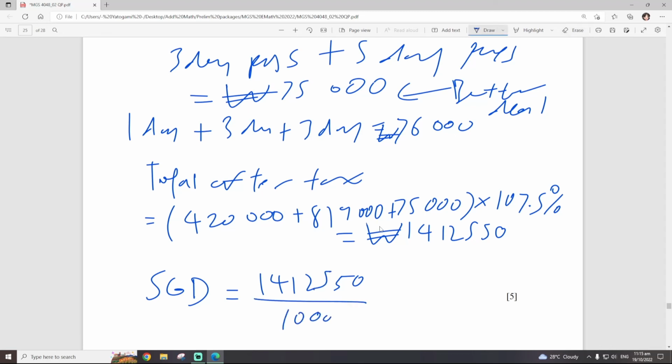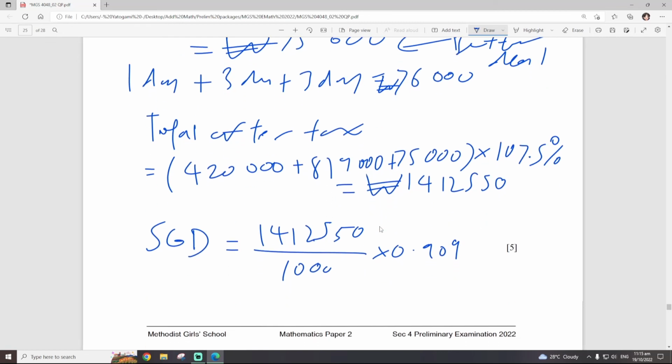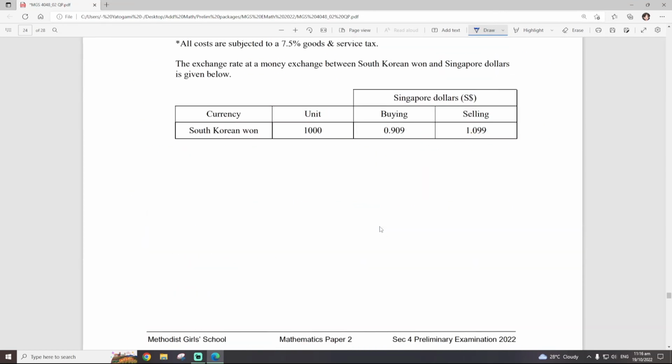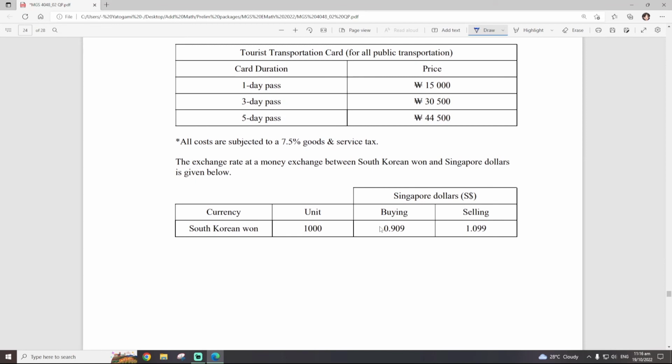So we get equals to 1,284.01 to 2 decimal places. Okay, so therefore I would actually justify bringing a bit more.